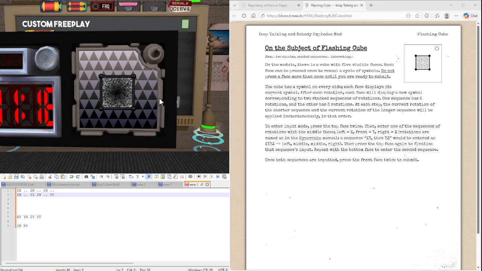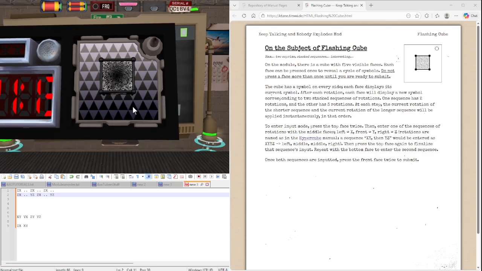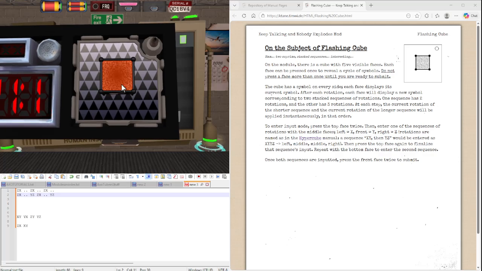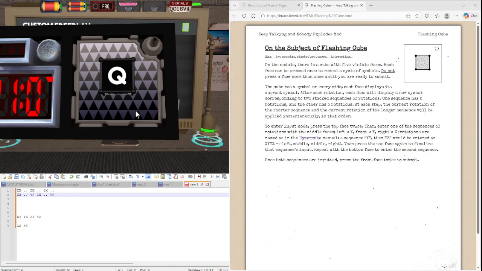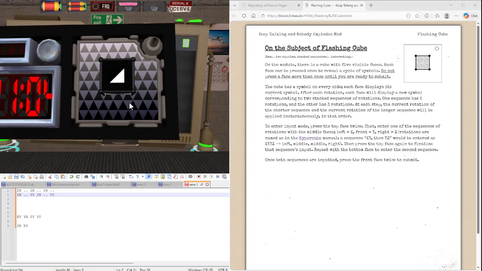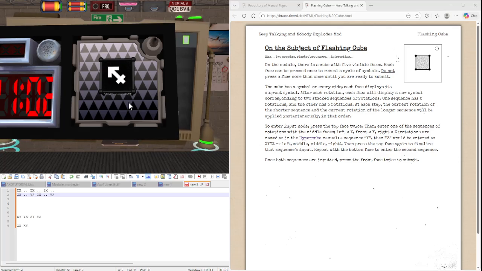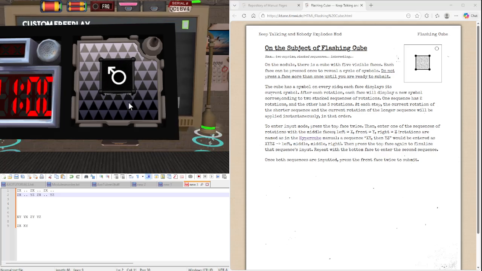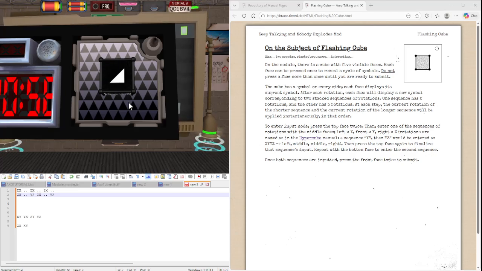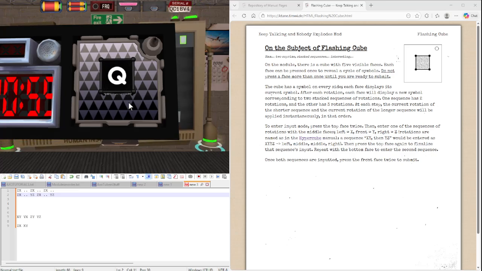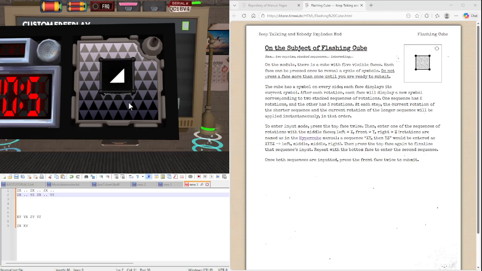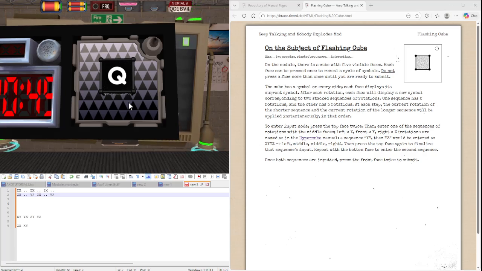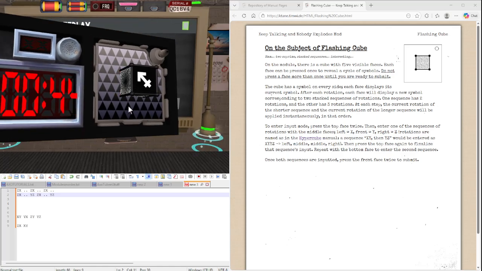We would need to be rotating on this one first. Move to something and then move down.